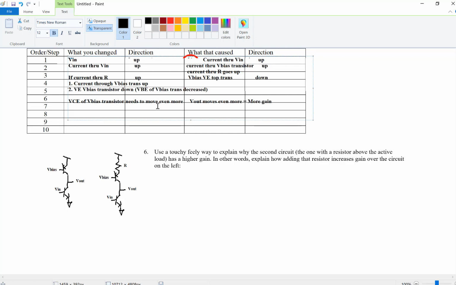I could have written this a little fancier, but a little cleaner. But the goal is, if you get these two results, then from those two results, now it means that Vout has to move even more.